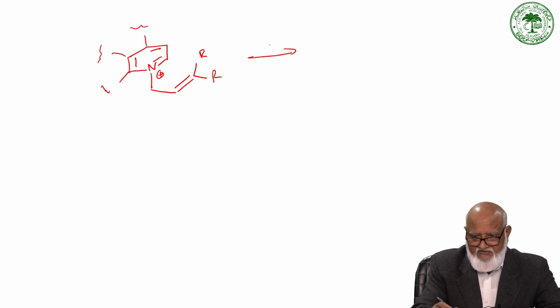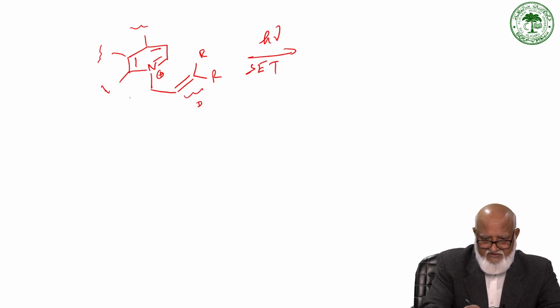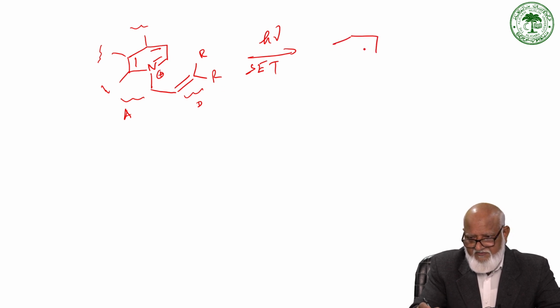Here, in the presence of light, it undergoes single electron transfer, this part being the electron donor and this part being the electron acceptor. There is an electron transfer from the alkene to this, generating a carbon center radical, and this being the radical cation.